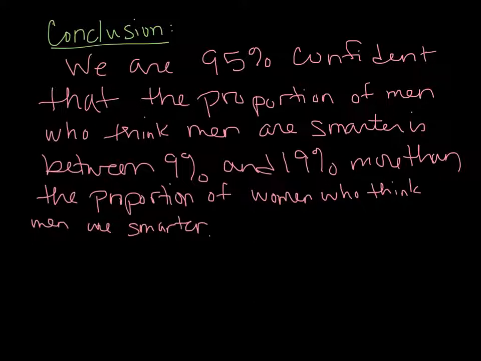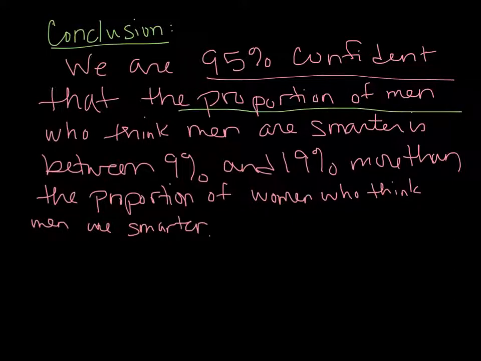So the way that we figure out the positioning of the words in here, first of all, the 95% confident, that's already been said. So the first thing that we have here is the proportion of men who think men are smarter. And we put the proportion of women who think men are smarter. The reason that we put the proportion of men first is because we use that first in our difference.